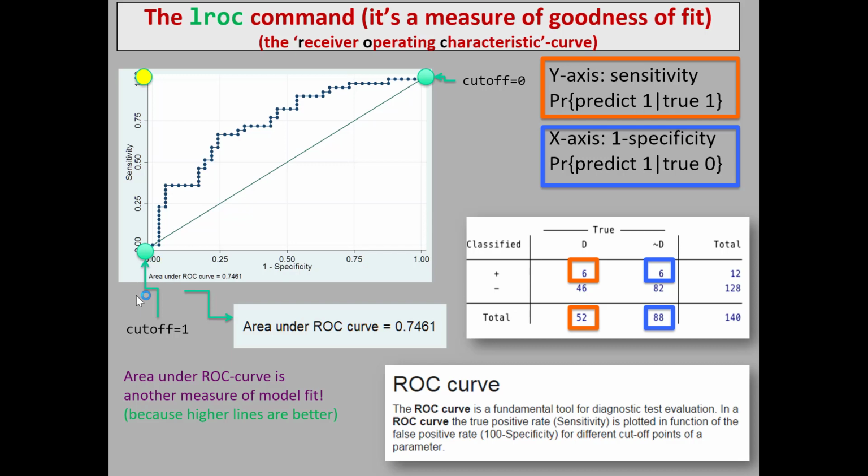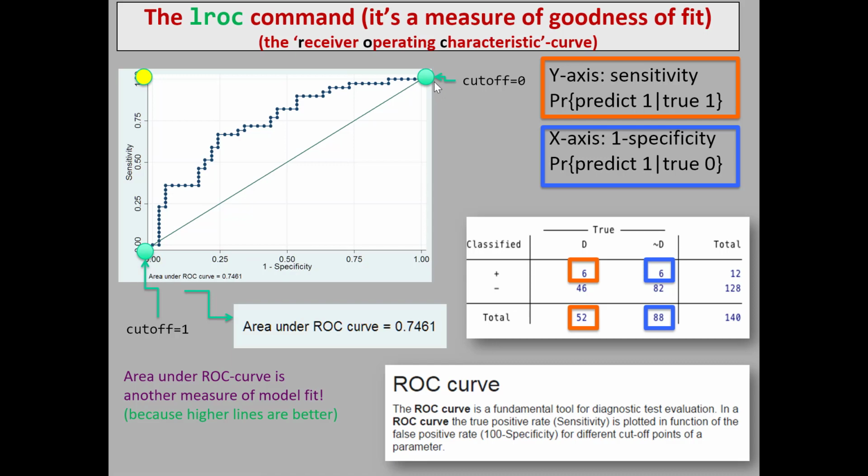So that's not happening, and I'm predicting a 0 all the time. So the probability that I predict a 1, given something, is 0. I'm never going to predict a 1. So we are here for the x-axis, and for the y-axis, I don't predict a 1 ever. So I'm exactly there for the cutoff value equal to 1. This is where my graph is starting.